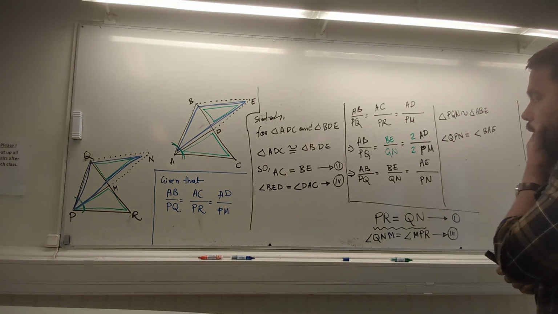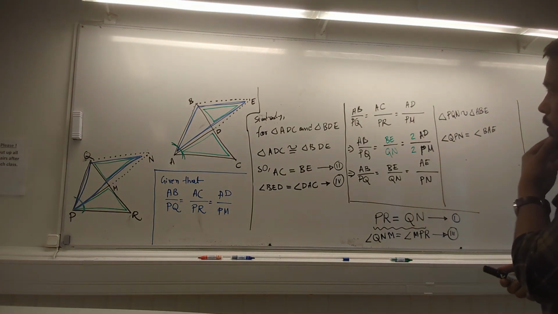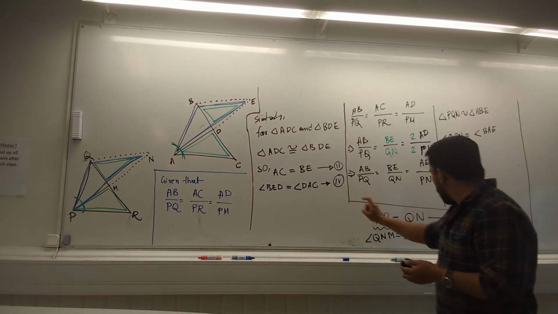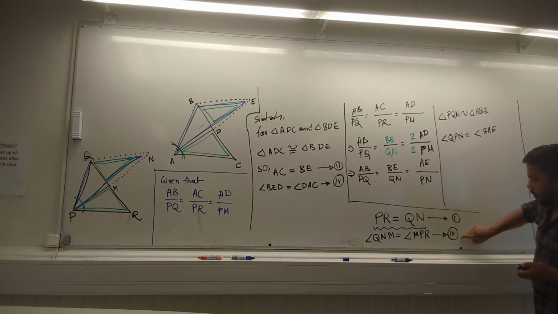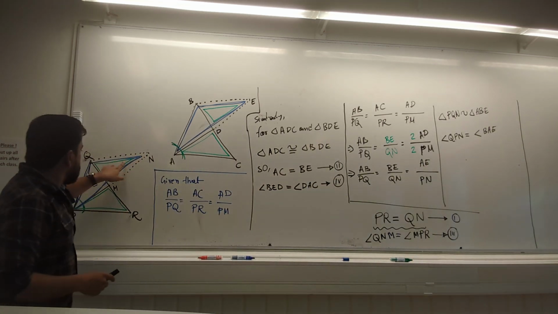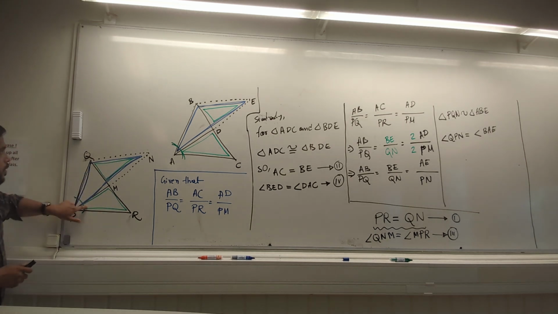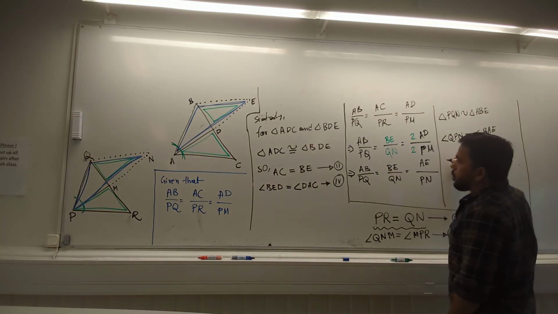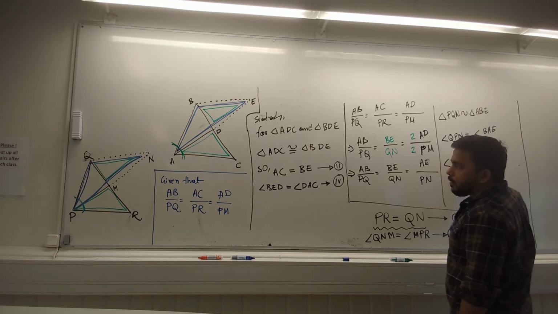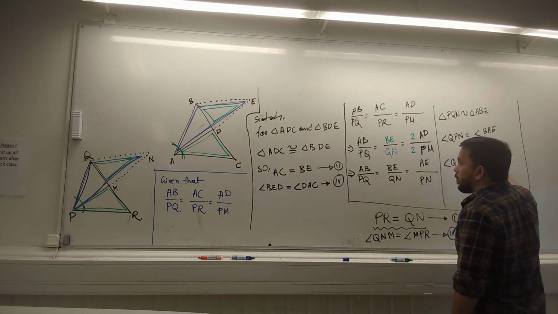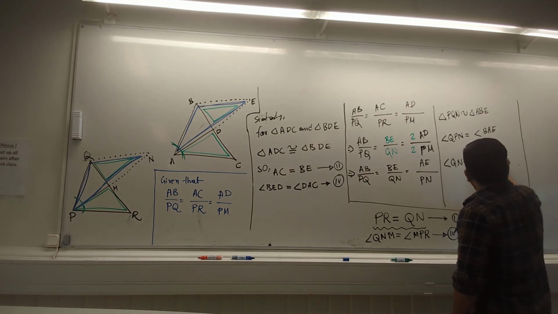Now another thing is that we had already proven about these two things, number 3 and number 4, Q and M, this angle is equal to that angle. Then we can also say that angle QNP is equal to angle BEA.